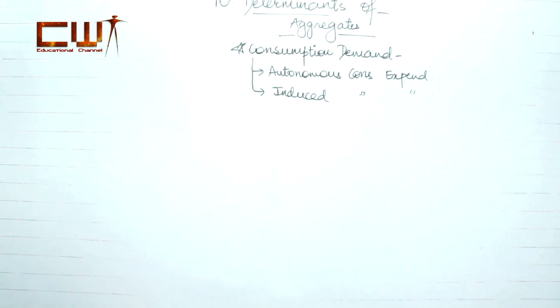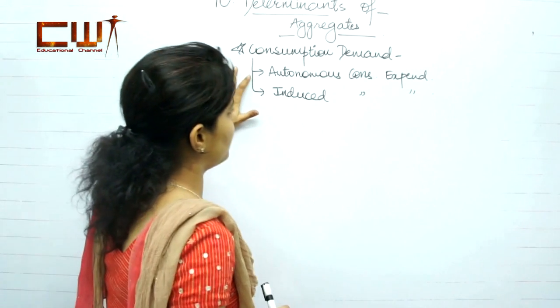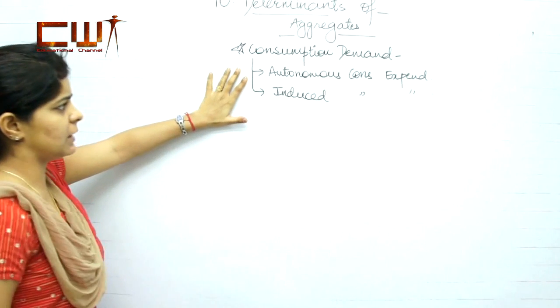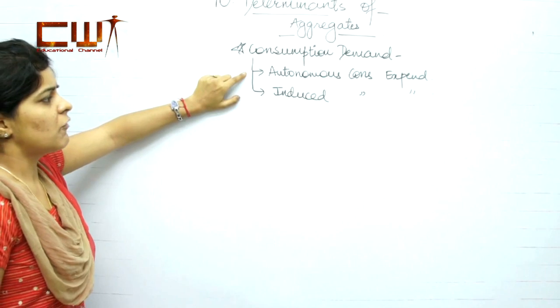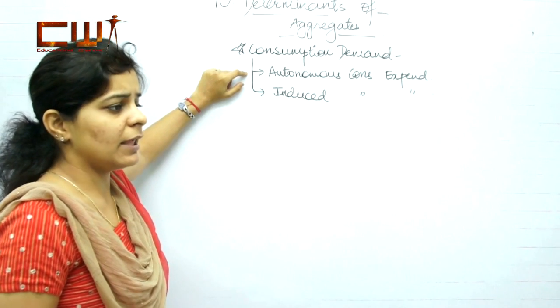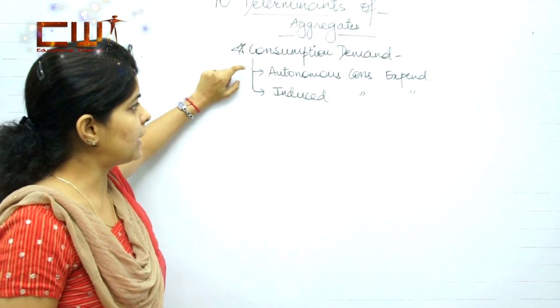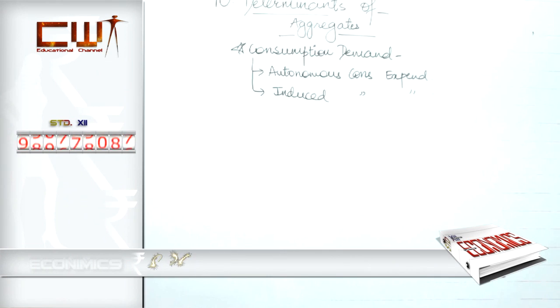It is incurred when the income is zero. It is incurred irrespective of the size of the income, for expenditure on the basis of borrowing. Even if your income is zero, there is a demand for certain things. When the consumers demand a certain commodity even if their income is zero, that is known as autonomous consumption expenditure or autonomous consumption demand.